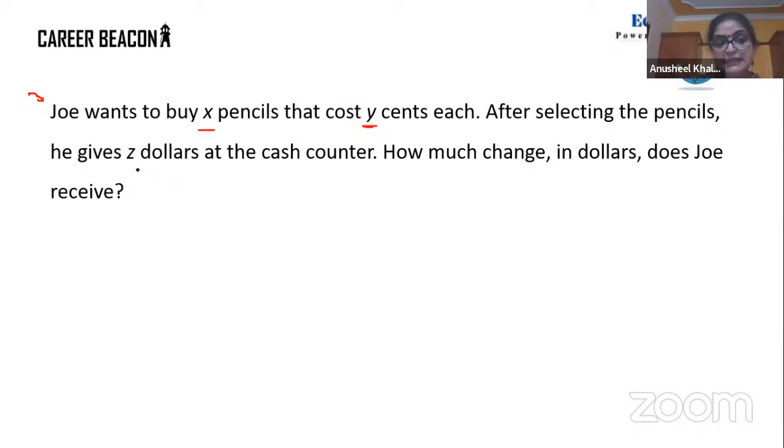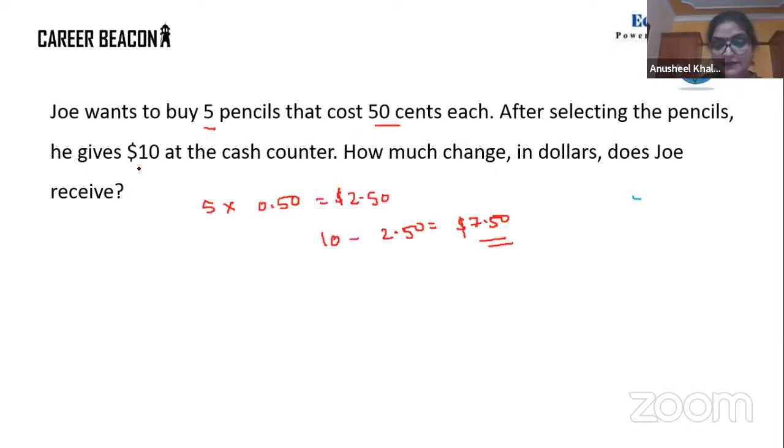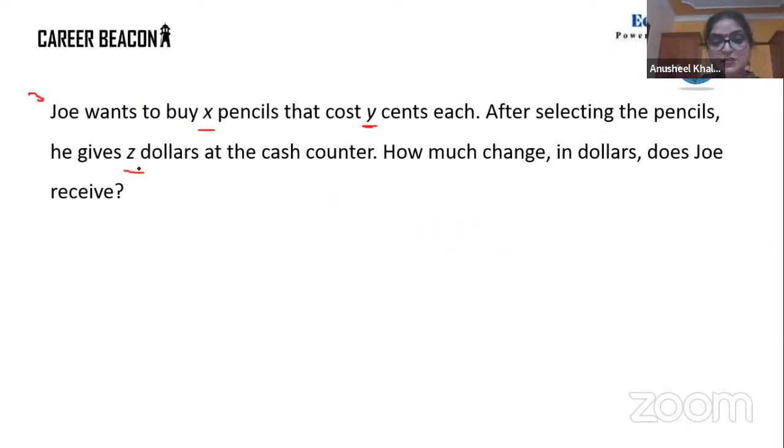After selecting the pencils, he gives $Z at the cash counter. How much change in dollars does Joe receive? It's very simple. You only have to perform the same operations that we did in the previous question, and we can get the answer in terms of the variables X, Y, and Z.